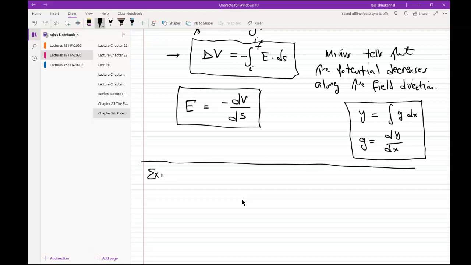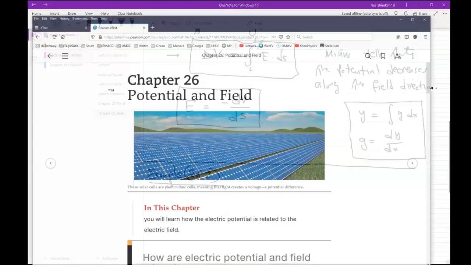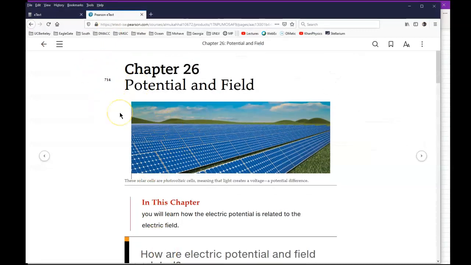And that's example 26.2 from the book. Let me go to it and show it to you. I need to locate the section before I find it. Oh, okay, the first section.